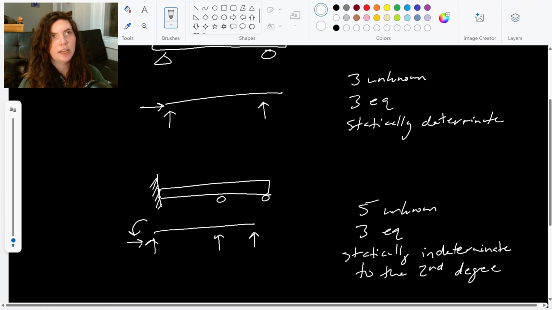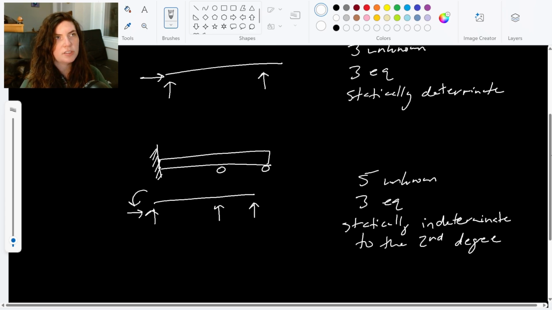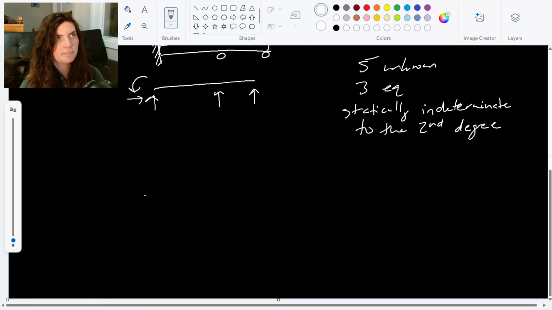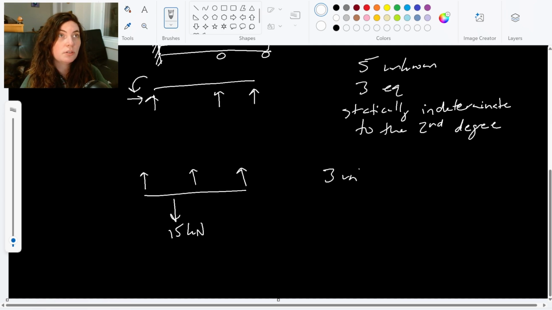So let's take a look at a couple more, right? Maybe we have something like this. Here's a beam and he has 3 wires coming off of him, going directly vertical. And then maybe a load of 15 kilonewtons, right? So this would be 3 unknown cables, but note that we don't actually have 3 equilibrium equations we can use here, right?